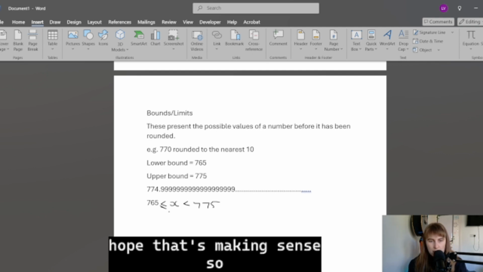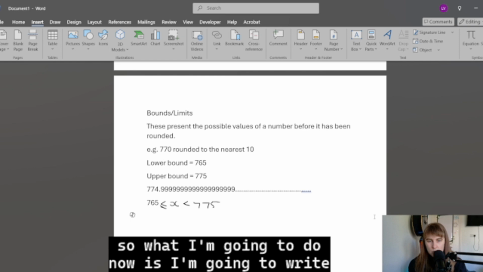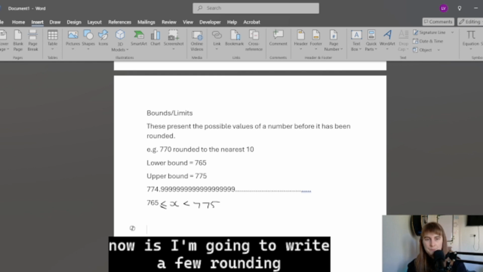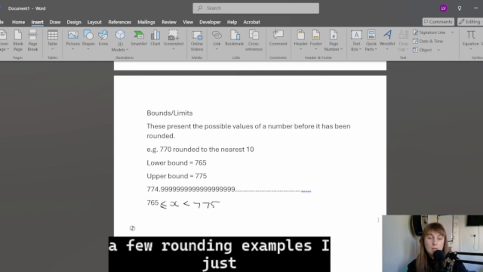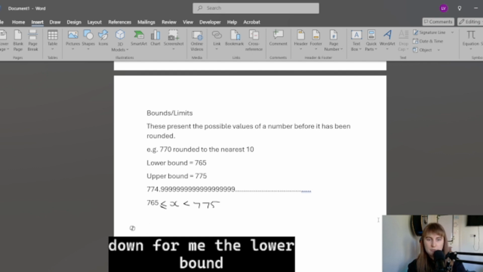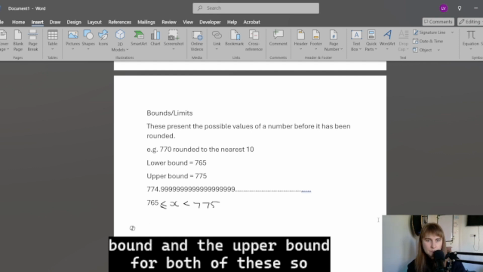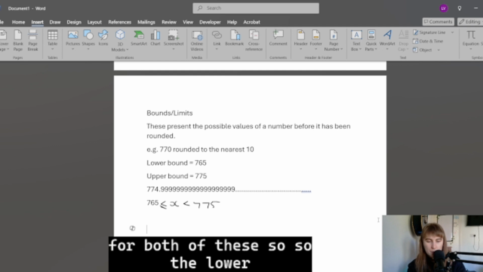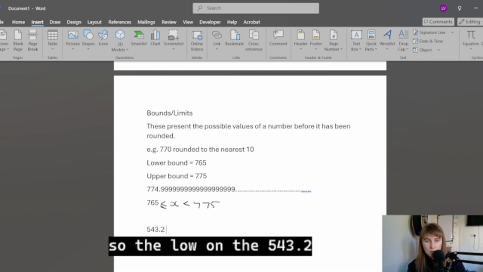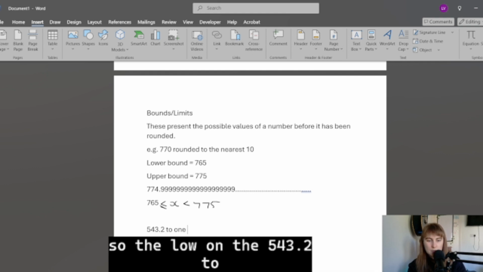So what I'm going to do now is I'm going to write a few rounding examples. I just want you to write down for me the lower bound and the upper bound for both of these. So the lower bound and the upper bound for 543.2 to one decimal place.